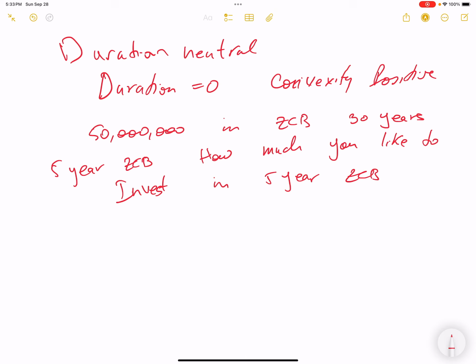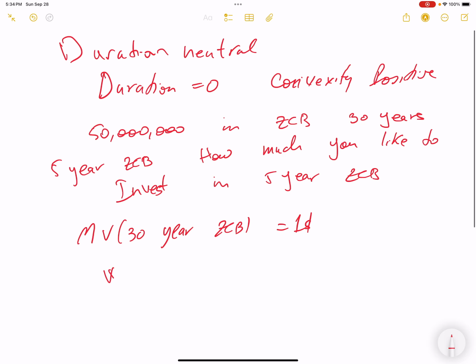So if you want to solve it, you want to first assume that your market value of the 30-year zero coupon bond equals $1. So you invest $1 in a 30-year zero coupon bond. You want to understand how much you need to invest in a 5-year zero coupon bond to kill the duration of a 30-year zero coupon bond. So the overall portfolio weight must be 1, okay?